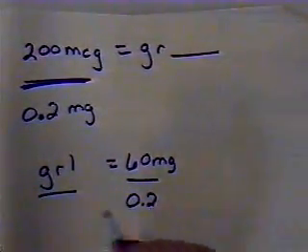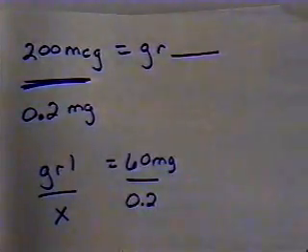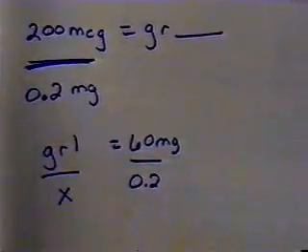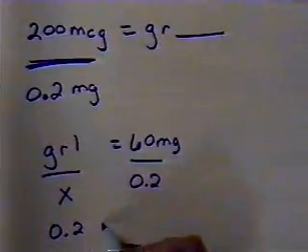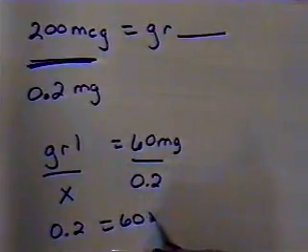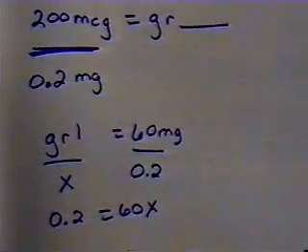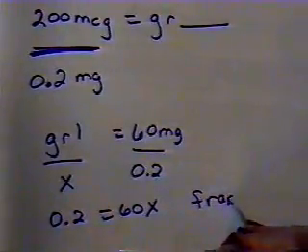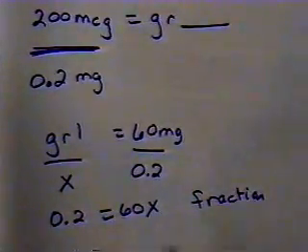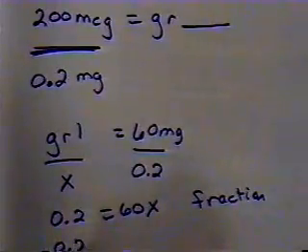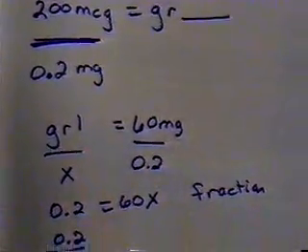So 0.2 is X. Now, do I want my answer to be a fraction or a decimal? If I want my answer to be a fraction, I have to go 0.2 divided by 60.